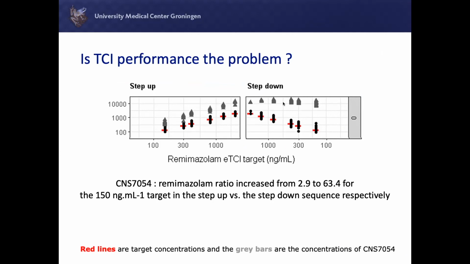But there is one other important thing that is shown in this figure, is that the ratio between the metabolite and the Remimazolam concentration is increasing over time. And for example, for the same target concentration, around 150 and 150 here, the ratio between the metabolite and the Remimazolam concentration goes from 2.9 to 63.4. And that's quite a big difference.